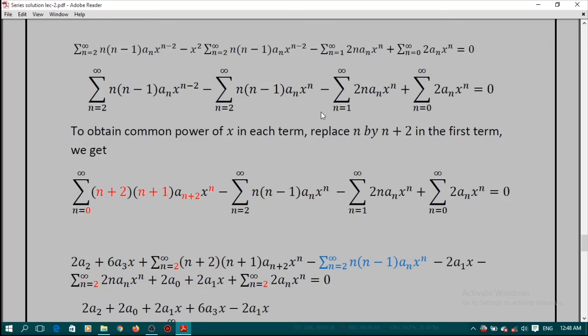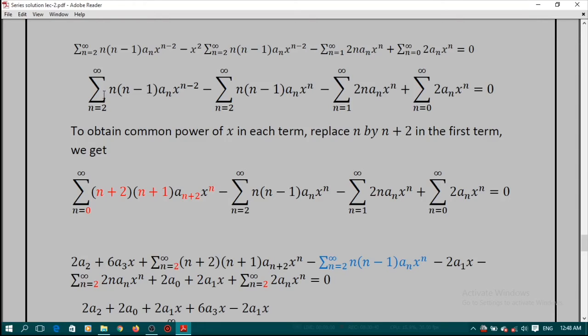First, to obtain a common power of x in each term: in the first summation it is x raised to n minus 2, but in the second, third, and fourth we have x raised to n. So we change the first summation. To obtain a common power of x in each term, replace n by n plus 2 in the first term. The other 3 summations will be as they are.